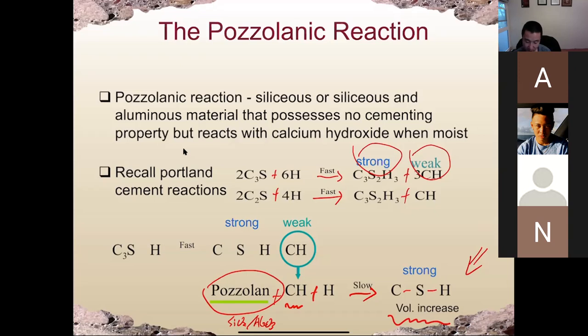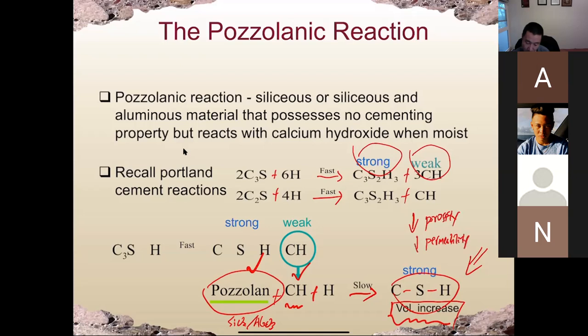Another reason why the pozzolanic reaction is good is because the volume will be increased. So the volume of CSH is more than the volume of pozzolans plus calcium hydroxide. So the volume of the solid will also be increased, so that will reduce the porosity as well as the permeability of concrete.